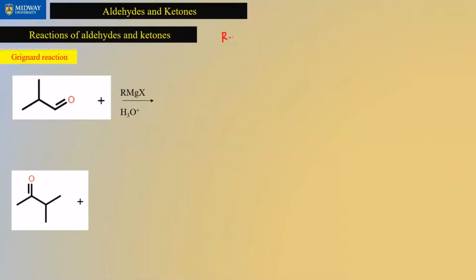Again, R can be CH3 or CH3CH2, etc. And X can be Cl or Br, F or I. Okay, so what if this was CH3MgBr? The Mg is a constant factor. The fact MgBr is there, or MgCl or MgF or MgI, I can change the X or I can change the R. The fact is Mg indicates to you it's a Grignard reaction.